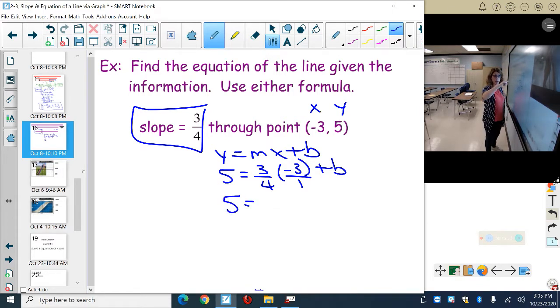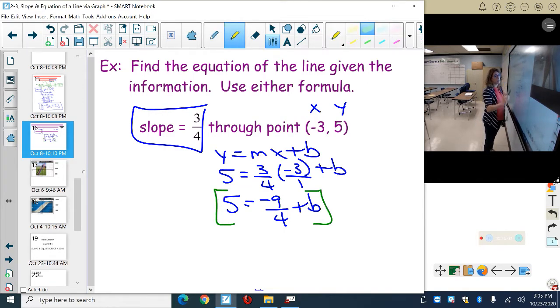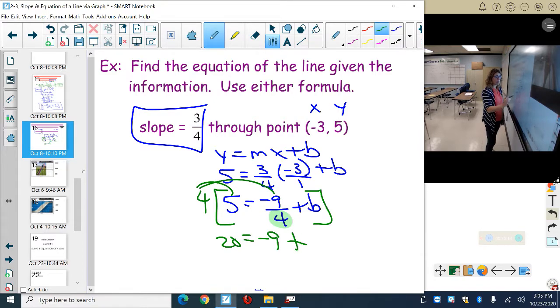Multiply the tops together, multiply the bottoms together. So -9/4 plus b. Now many of you are going to say, I don't like the fractions, Mrs. Yoder. No problem. What's your LCD? Your LCD is 4. So you're simply going to multiply each and every term by 4. So this is 20 is equal to -9, the 4's cancel out, plus 4b.